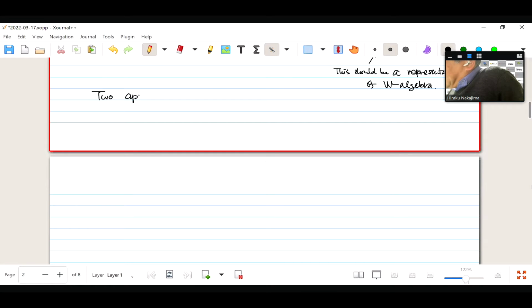One is due to Schiffmann-Vasserot, and also Feigin-Tsymbaliuk.